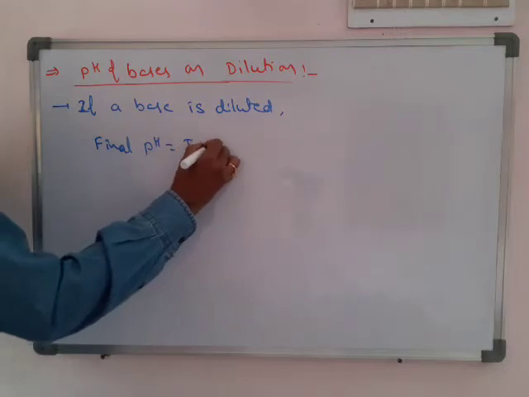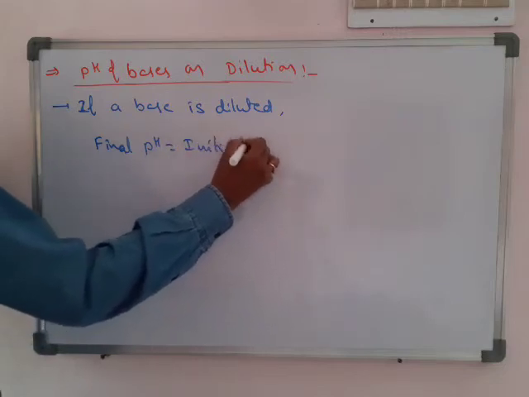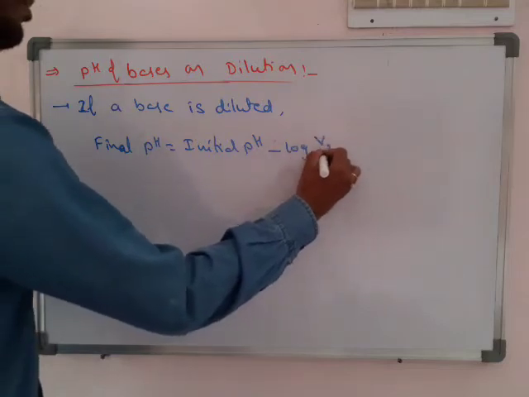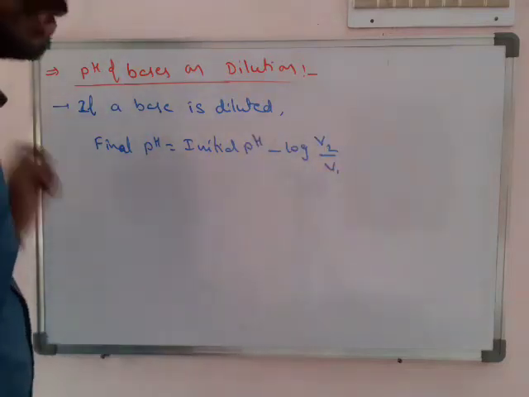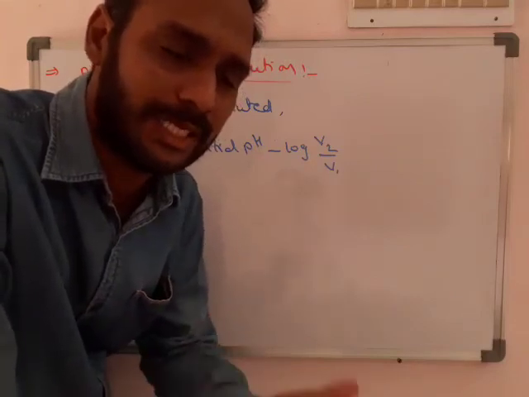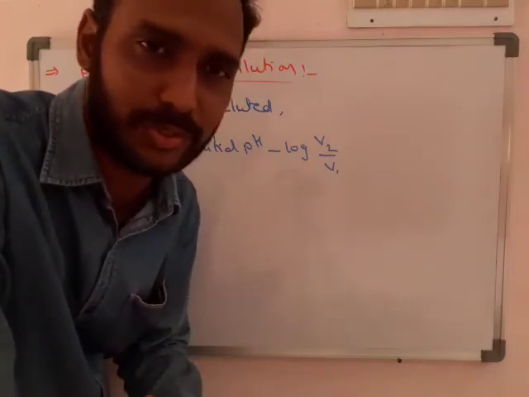The final pH is initial pH minus log V2 by V1. This type of formula is applicable for 10 power x dilution or any other dilution.